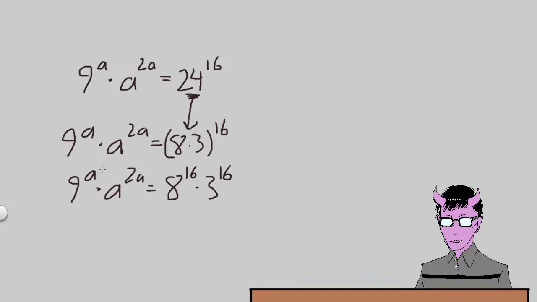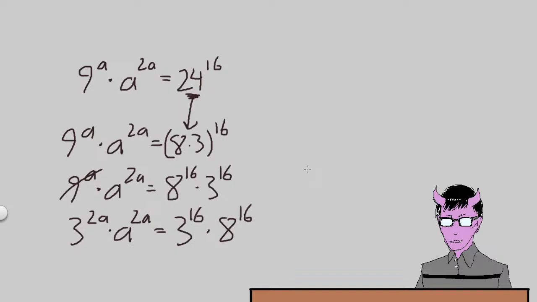Well, let's change it to base 3. I feel it maybe reveals more. So there it is. Again, this is just 9, and then you distribute the exponent. A times 2 is 2a. Copy paste. I'm going to arbitrarily shift that to the front because you can multiply in any order you wish.